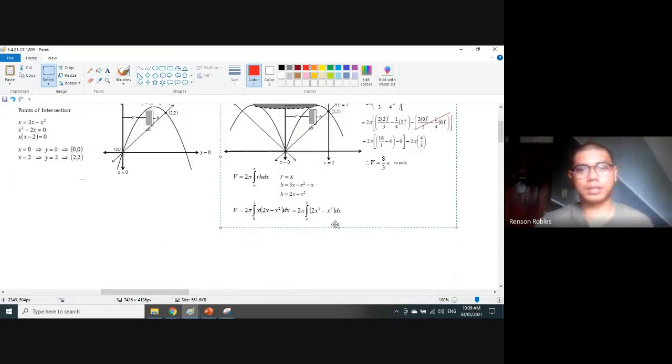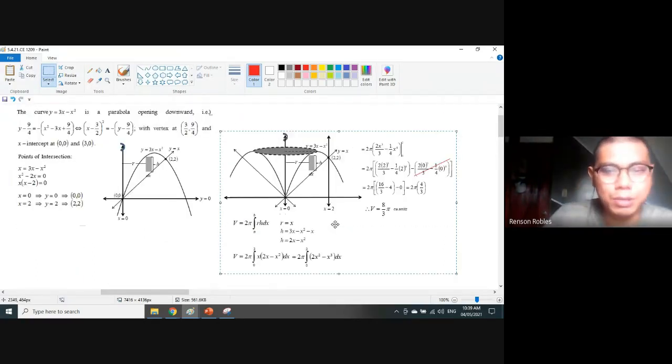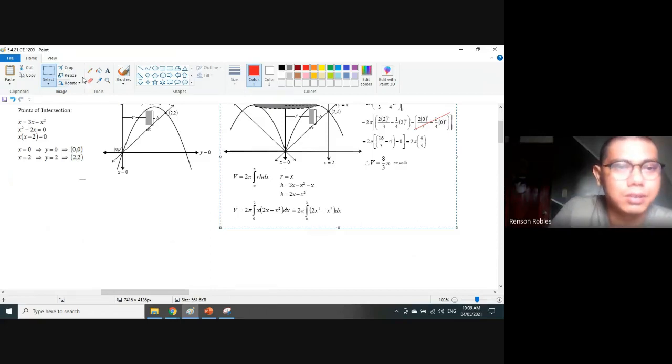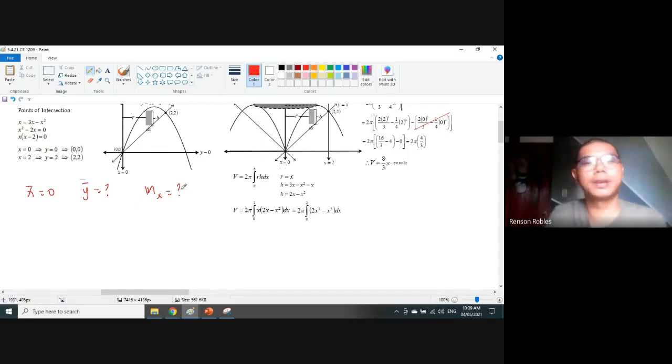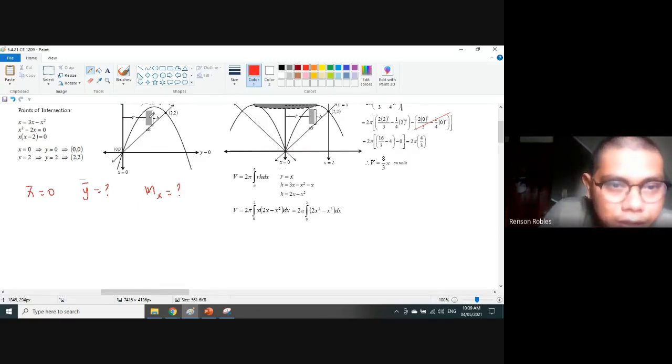Then let's analyze. The axis of revolution is the line x equals 0, so you now have bar x equal to 0. We only need to look for bar y, and we only need to look for the moment in x. So we locate our centroid here.